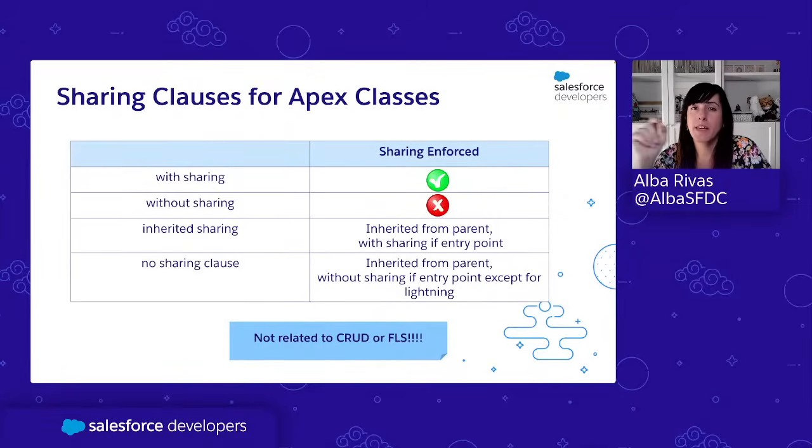That means that when you call that class through the Apex controller, the operations in that class are going to be executed with sharing. However, if you have another Apex controller or an API class or something that is without sharing, and you are calling your inherited sharing selector from that one, then that inherited sharing selector's queries will be executed without sharing.